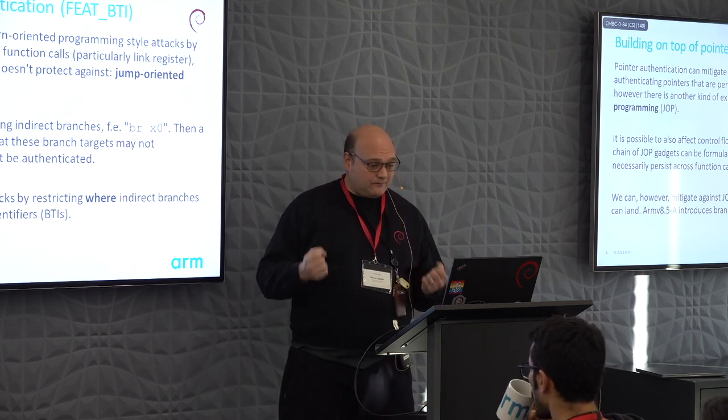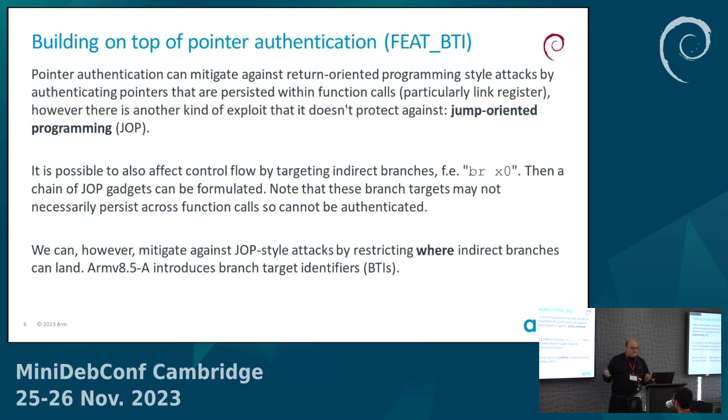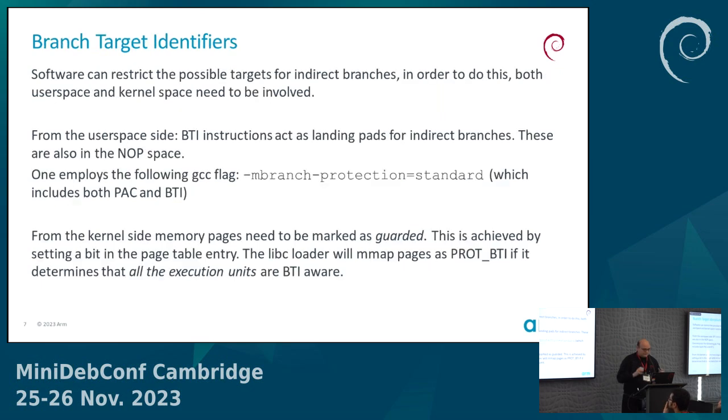And so we've got an architectural feature called Branch Target Identifiers, and this complements PAC. They come in pairs. And so we have this thing called BTI. Again, what we do with BTI is a slightly different strategy.